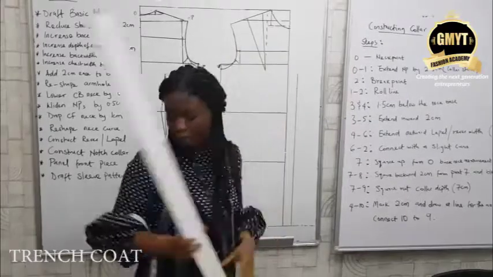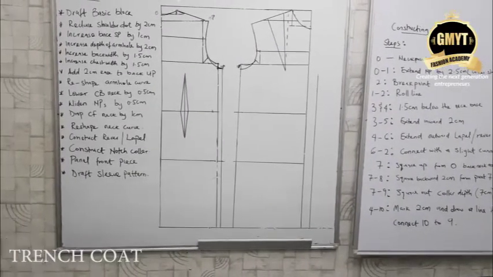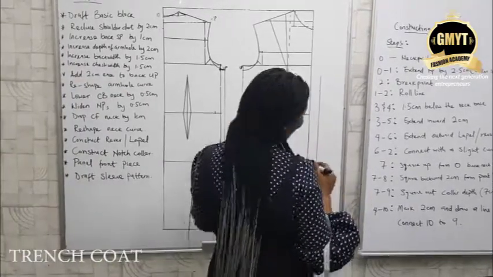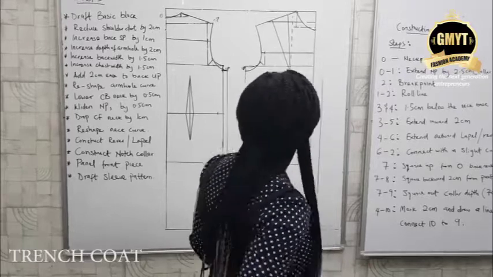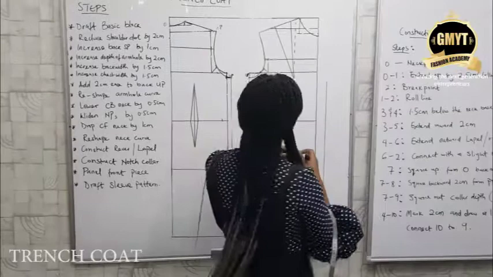Adding 4 cm. So after I've added the 4 cm, then the next thing to do is to construct my roll line.